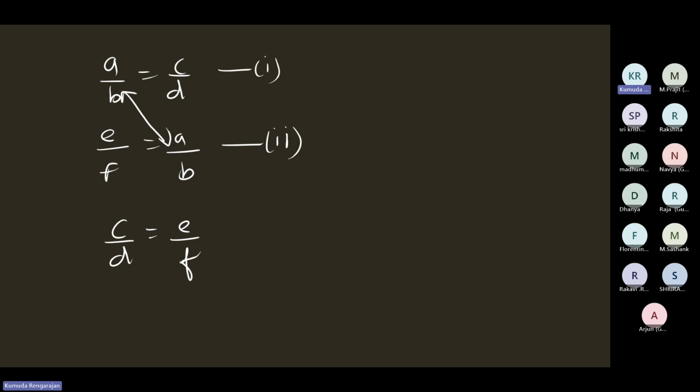Since A by B is common to both, C by D is equal to E by F.